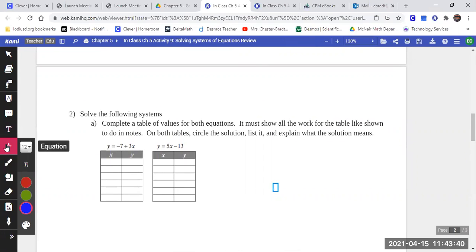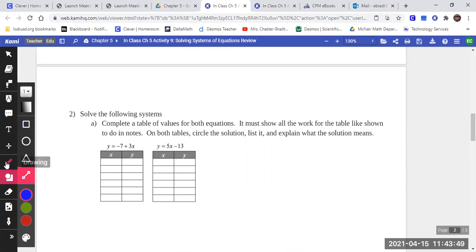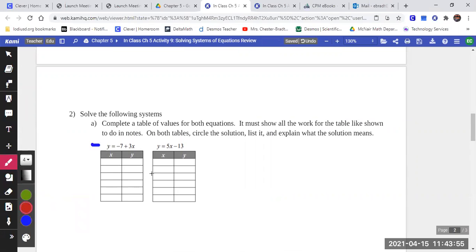We're going to work on. Who sees that there's a problem? I see there's a problem. Something's not formatted correctly. What is not formatted correctly? The first one is not coordinate.